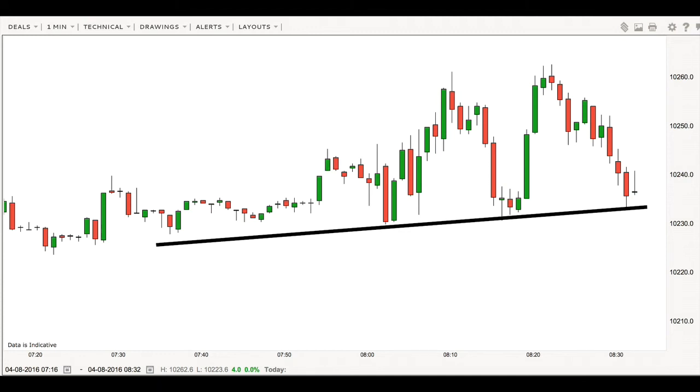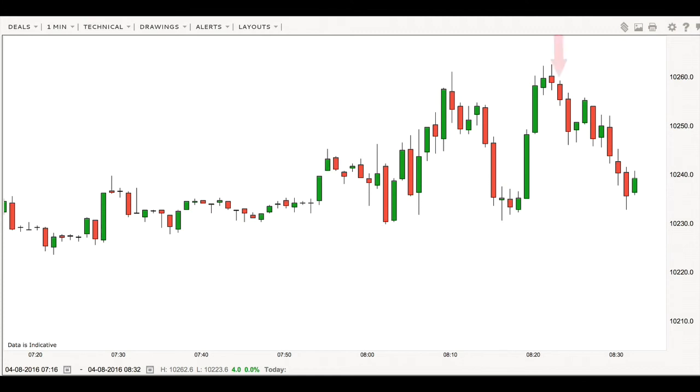Some traders will actually trade double tops from near the top of the second top. They'll see price dropping, these small bars just on the right hand side of the second top, and they'll have effectively traded the double top from the top there.